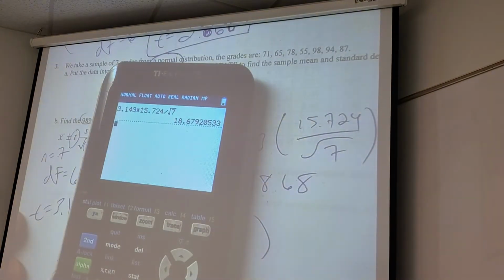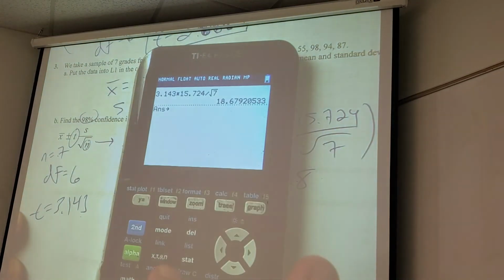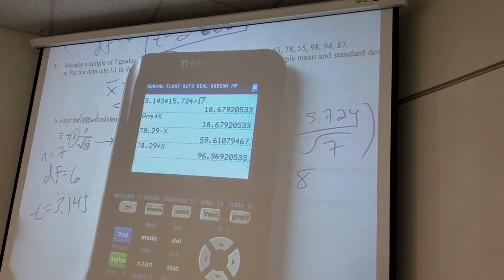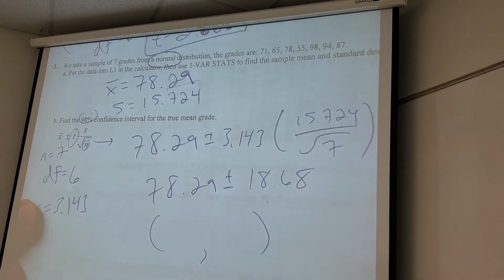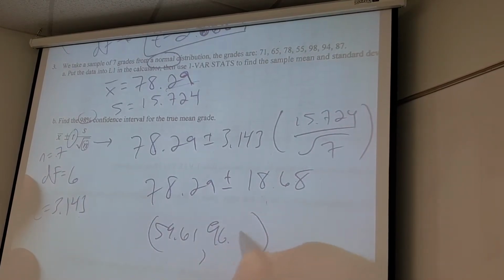This is a really tiny shortcut, but you can store that answer in X, and then I can do 78.29 minus X and 78.29 plus X. Bam! So anywhere from 59.61 up to 96.97.